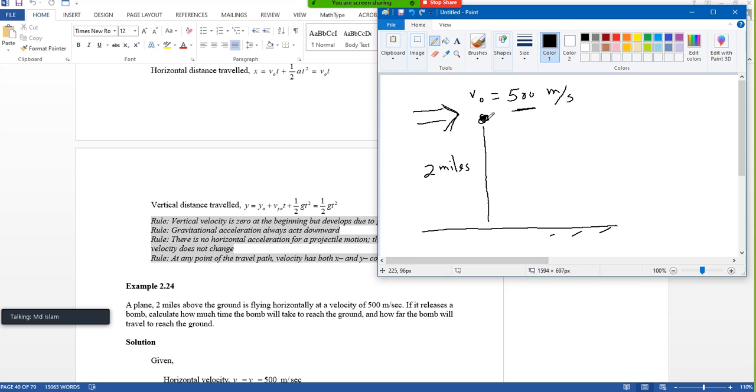So it is going that way and threw a bomb. Now at the beginning when it threw the bomb, whatever the velocity of the plane, that was the velocity of the bomb also. When we travel in an aeroplane, we are sitting, enjoying a movie, drinking, but our speed is not zero.